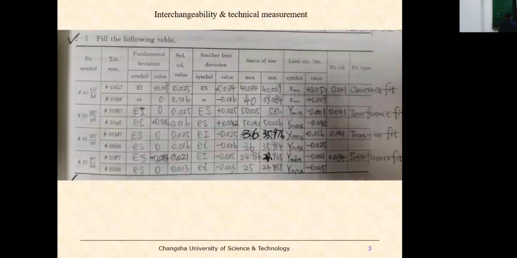How much is IT7? Hello? To find the table, 2.4. He knows how. 87, 25.